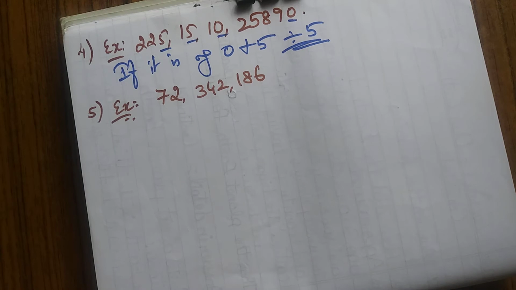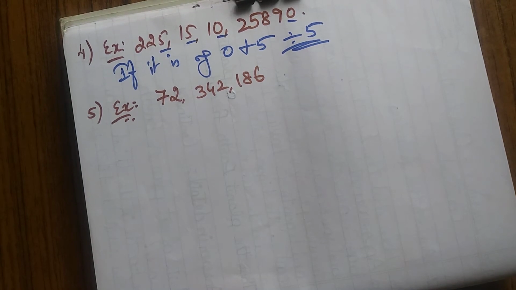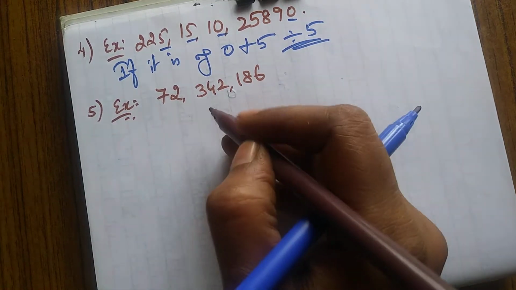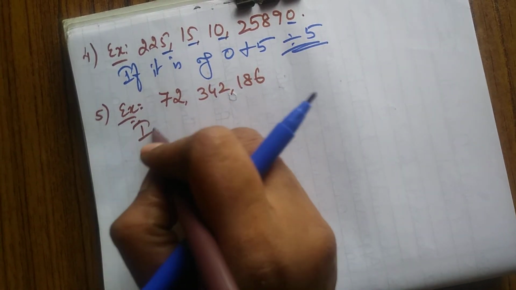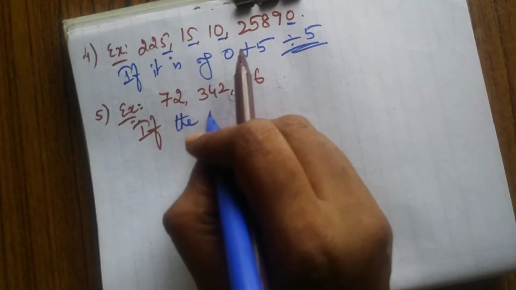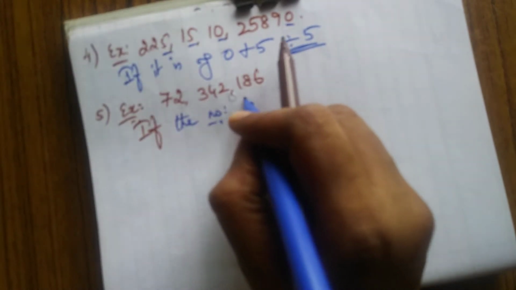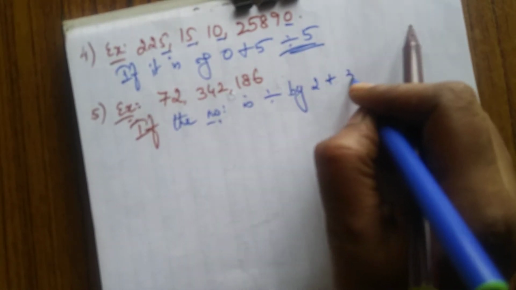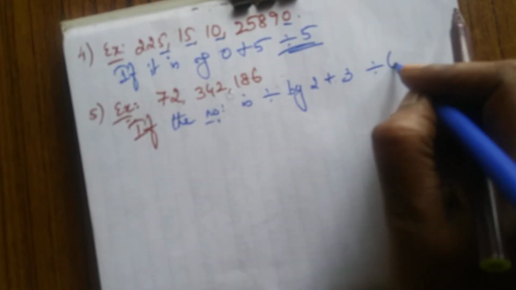If this sort of numbers are given, what are you supposed to do? If the number is divisible by 2 and 3, of course, it is divisible by 6.